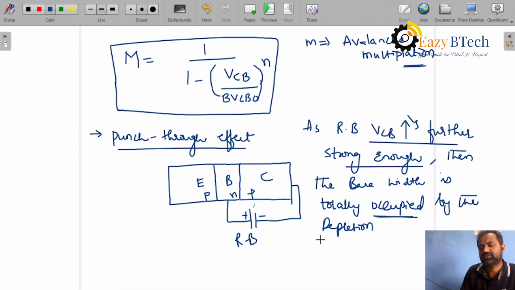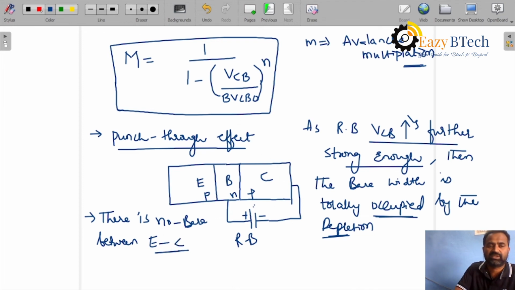The base width is totally occupied by the depletion region. There is no base between emitter and collector. What happens, you can see here.